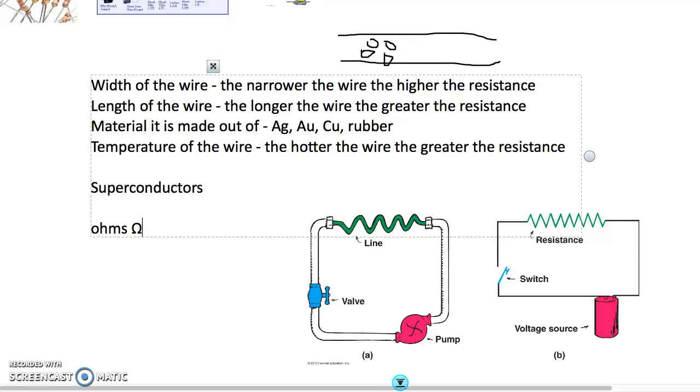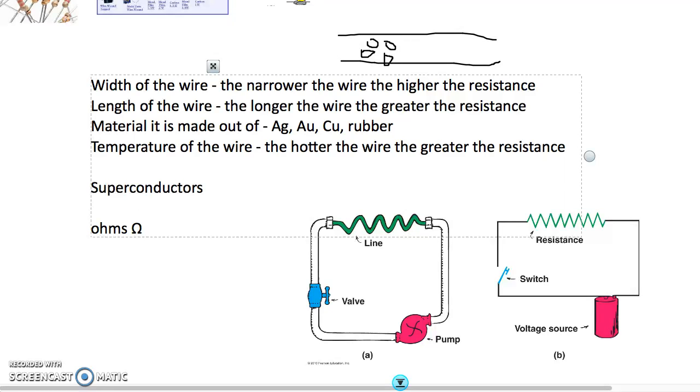So basically we've said there are two things that affect how much current is flowing through the wire. One is the amount of voltage or voltage drop, the difference in voltage at the two ends of a circuit, and the other is the resistance of the materials in the circuit to the flow of electricity.